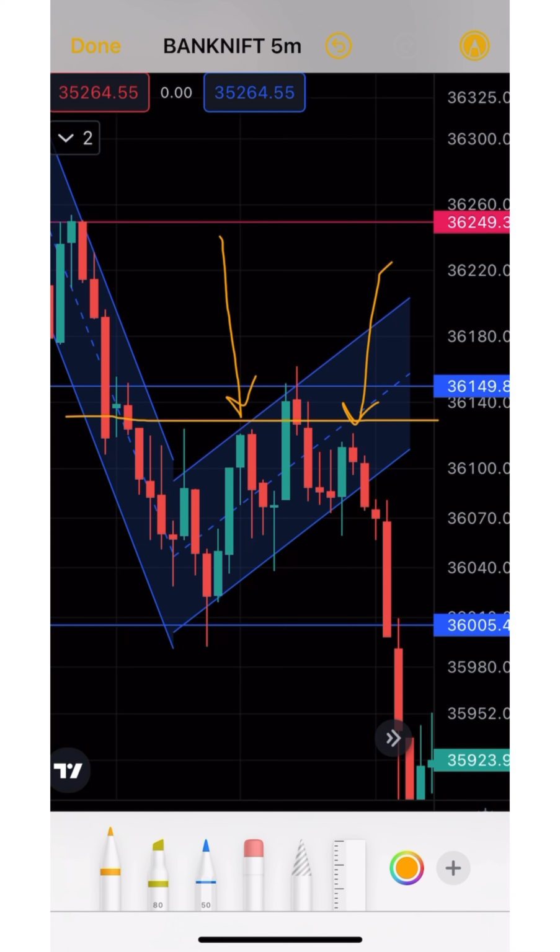This will be your stop loss level where you can exit. If a candle closes above this level, then make sure you exit this trade because your trade is going in the opposite direction. So this is for the stop loss. I have explained two strategies: one is 20% of the premium, and the other is drawing a stop loss level on your chart itself using your nearest resistance level.